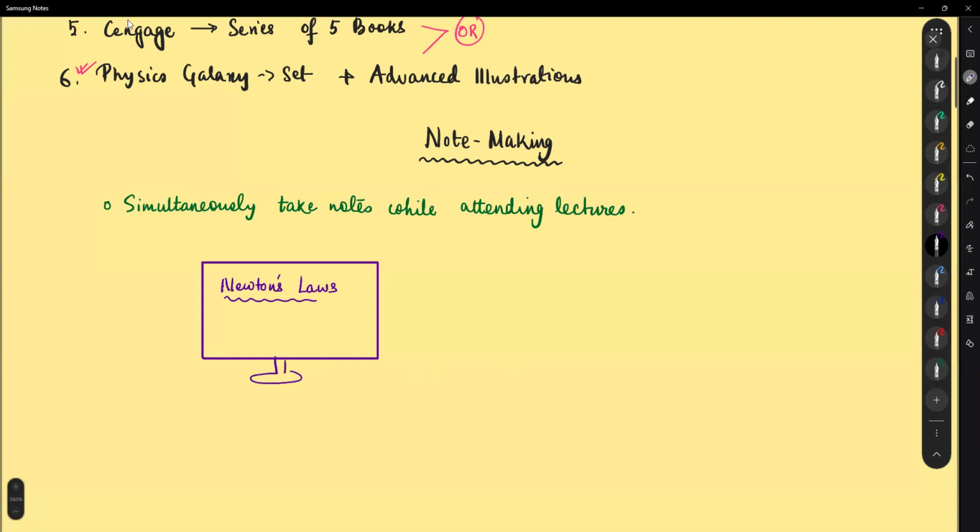Let us say this is a computer, and it can be your mobile, it can be your tab, whatever it is. I'm just taking a broad classification, that it is some type of monitor, some device from where you are attending your classes. Then, as soon as the teacher has written Newton's laws, has given the heading, in your notebook it should be reflected. Simultaneously, it should be reflected.